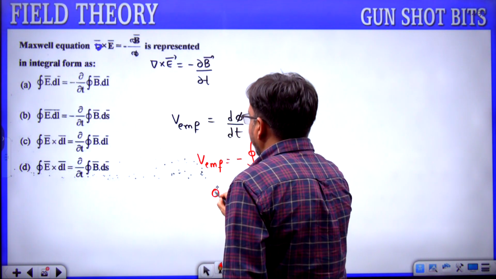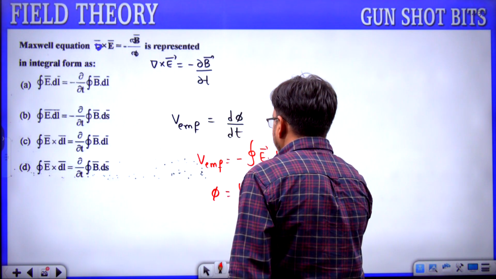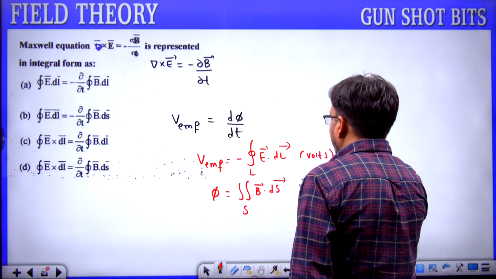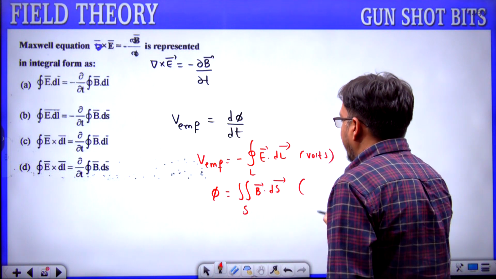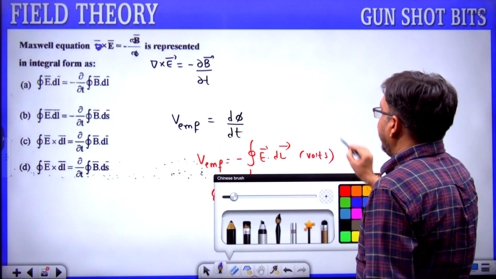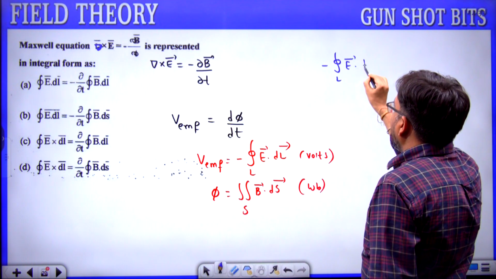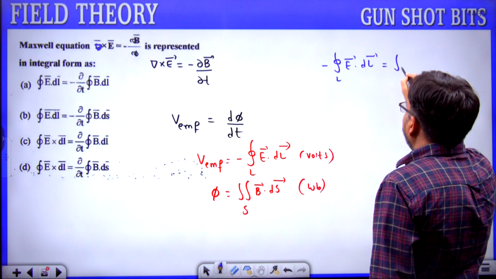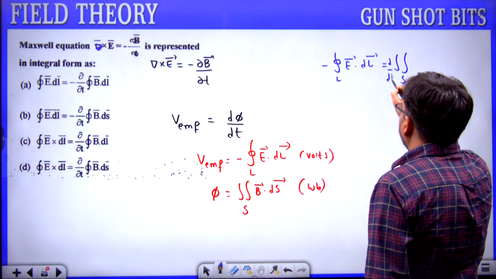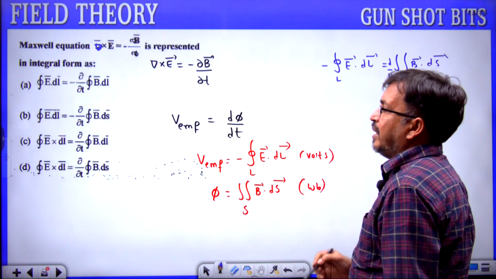And we know that flux phi equals the surface integral of B dot ds. This is voltage in terms of the line electric field intensity, and this is flux in terms of magnetic flux density. Now I am substituting these two equations: minus closed loop line integral of E dot dl equals d by dt of the surface integral of B dot ds.